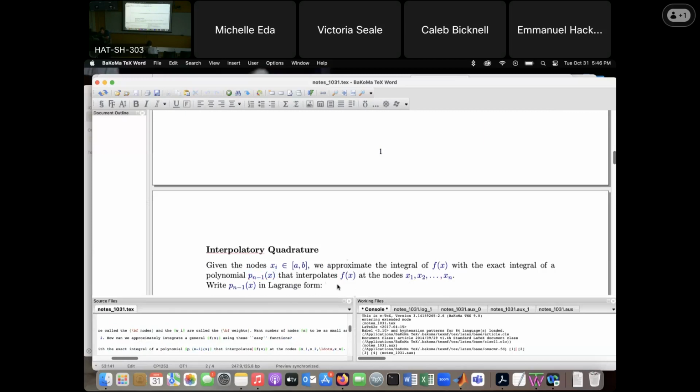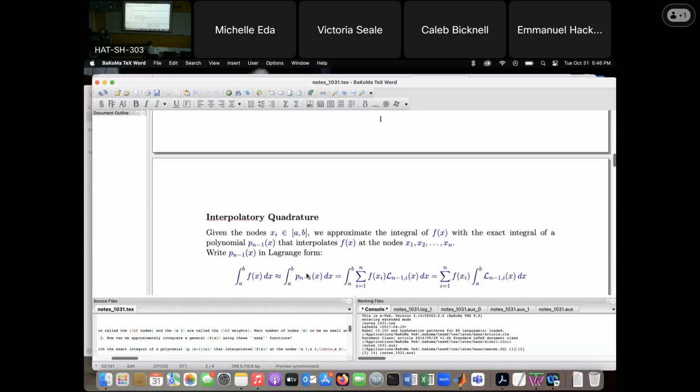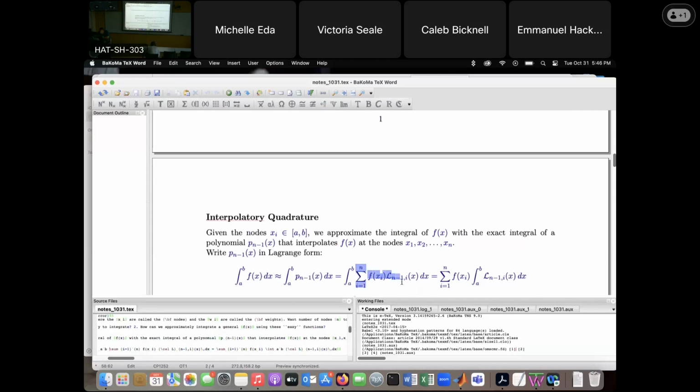Now, let's take a look at what happens when we write the interpolating polynomial in Lagrange form. So our true integral is approximated by the integral of our interpolant. Then we write the interpolant in Lagrange form right here.